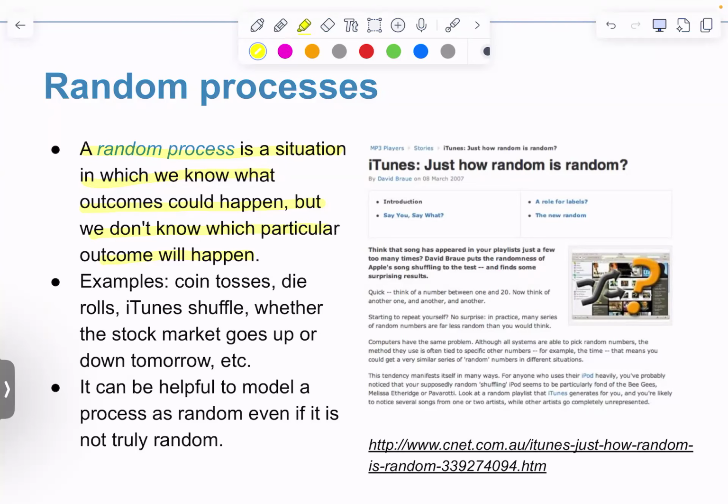Wow, crazy. Drawing a card from a deck of cards, all these things. But we know what all the possible outcomes are. And so when we talk about probabilities, really what we're talking about is the probability of some random process.